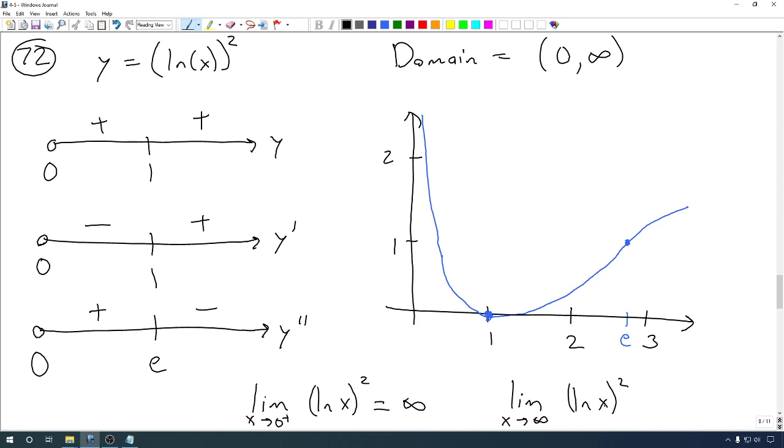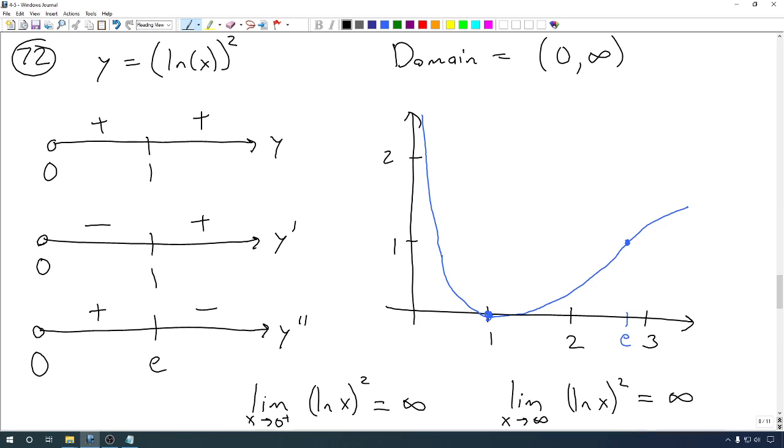And of course, squaring something that's going off to infinity is just going to result in even more infinity. So actually, this never does stop increasing. It increases off to infinity, even though it is slowing down as it goes because it is concave down. So this might not approach infinity very fast, but it does approach infinity.